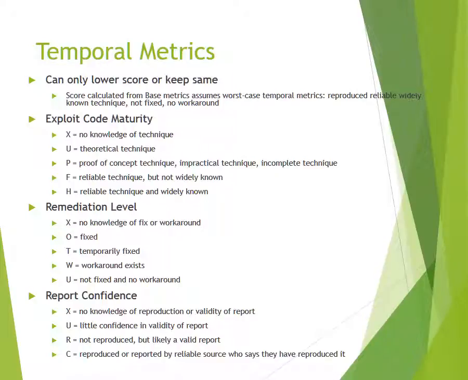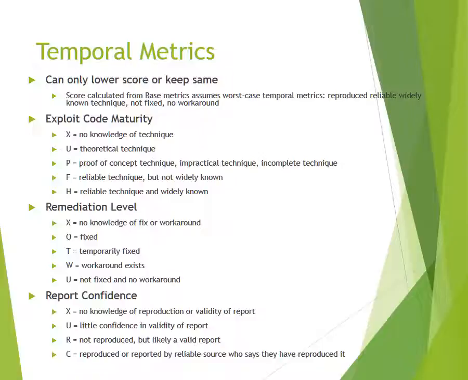The temporal metrics. These can only lower the score or keep it the same. The score calculated from the base metrics that we saw on the previous slide assumes the worst case. It assumes that the vulnerability has been reproduced. It will reliably cause the exploit.